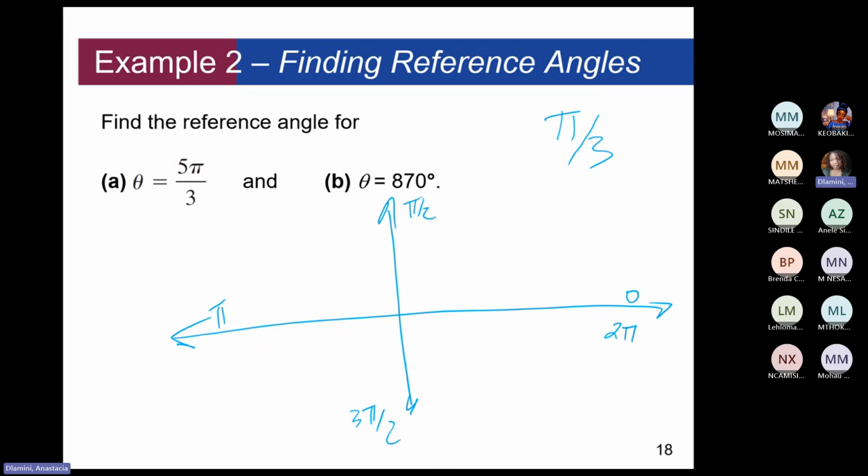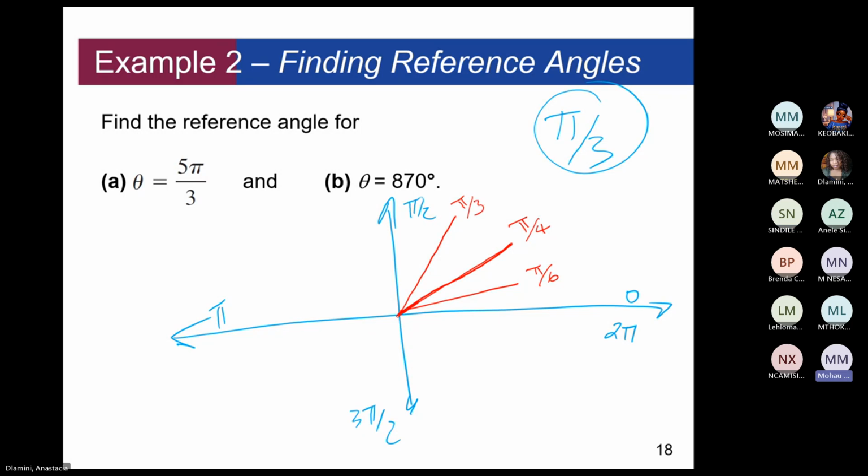The middle is pi over what, guys? Pi over 4, 45 degrees. And this one will be pi over 6. And then this one will be pi over 3. Thank you.